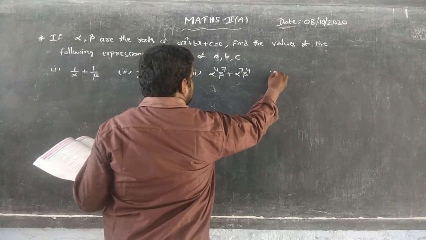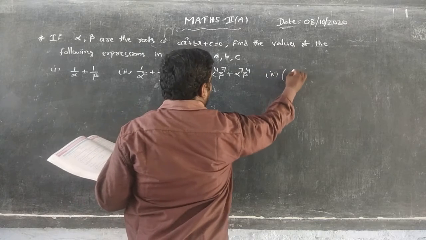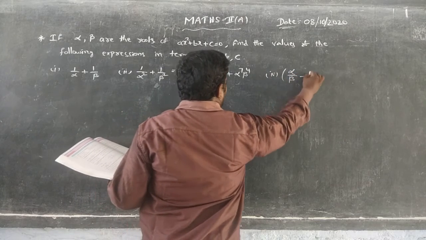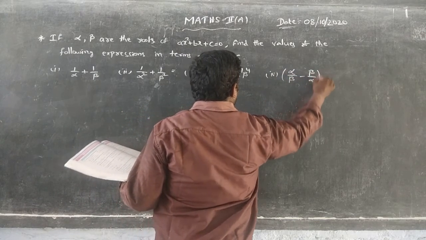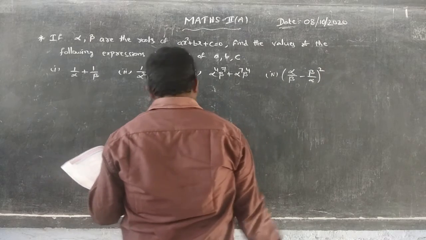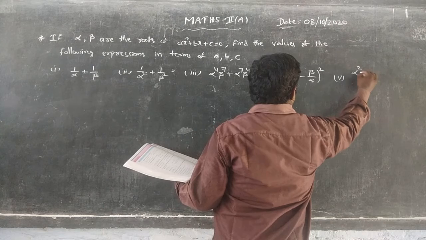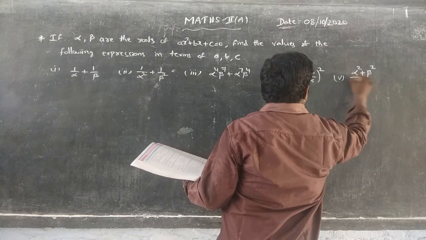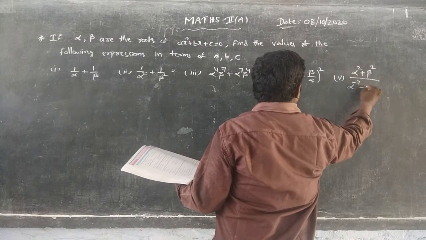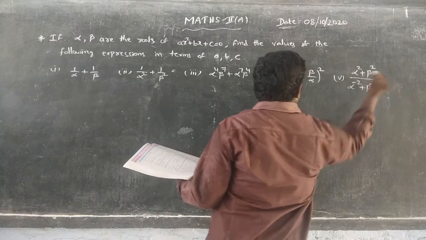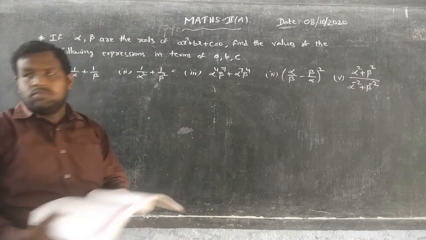Fourth one, alpha by beta minus beta by alpha whole square. Fifth one, alpha square plus beta square by alpha power minus 2 plus beta power minus 2.